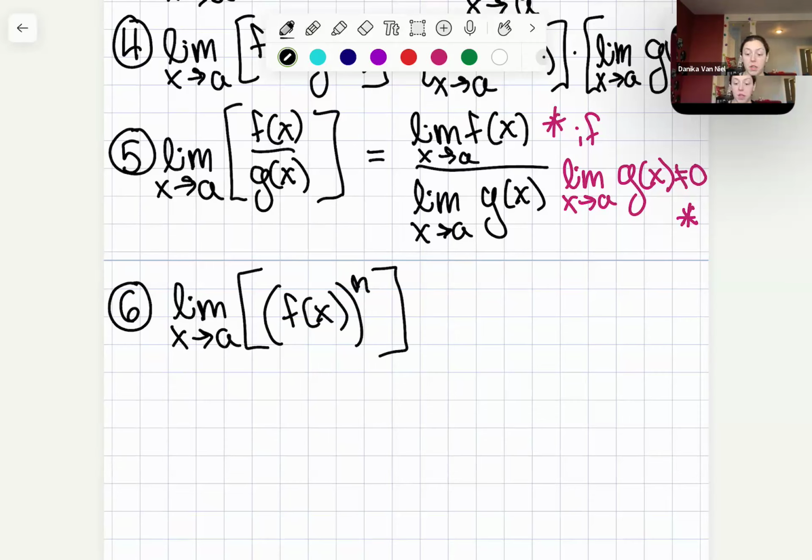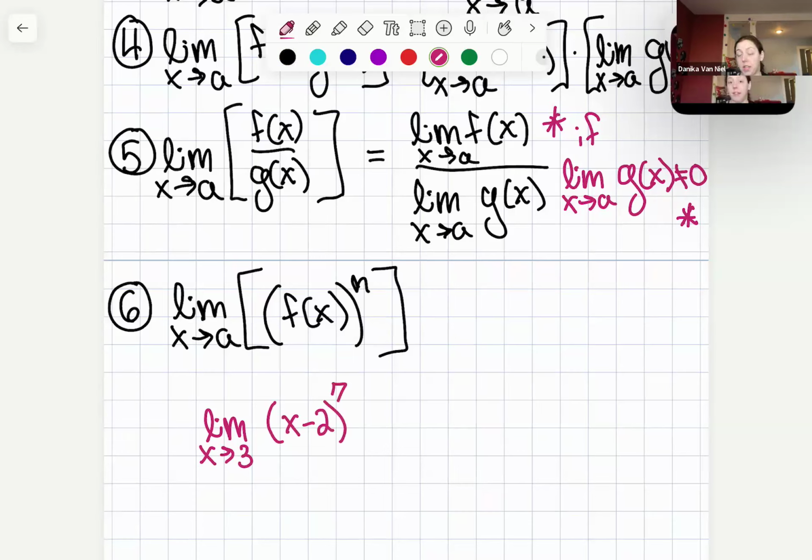Trying to think of an example. How about x minus 2? So let's just do a quick example. Limit as x approaches 3 of x minus 2 raised to the 7th power.